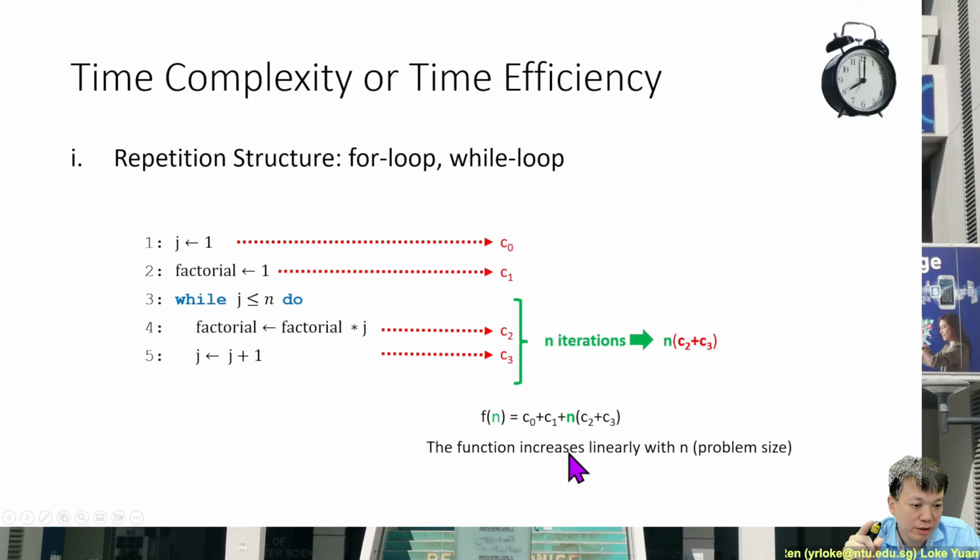You will find that the time complexity, the time you need to take for this particular algorithm, is a linear function of your problem size. The time complexity will increase linearly with the problem size. If you increase your problem size by 10 times, then the computational time will also increase roughly 10 times.